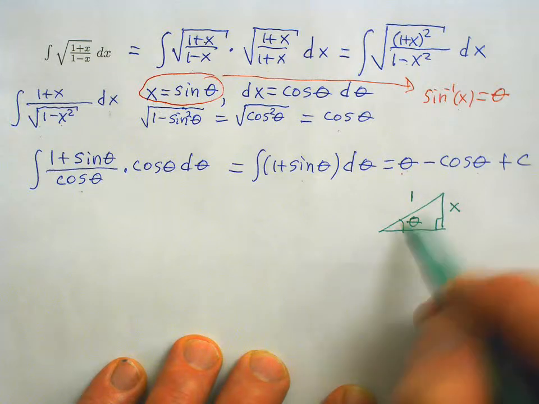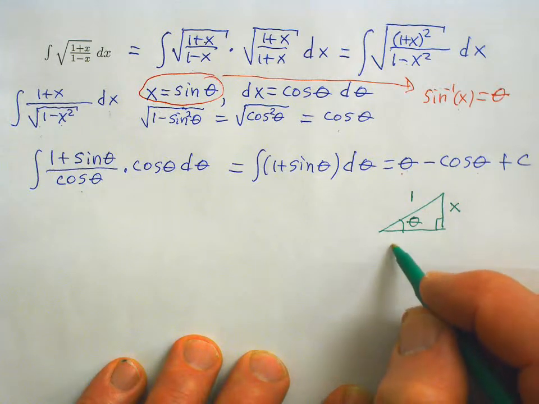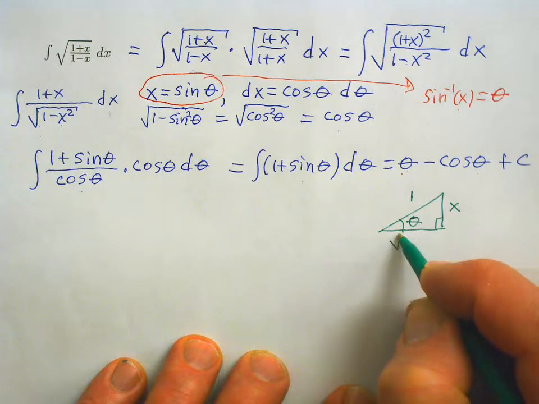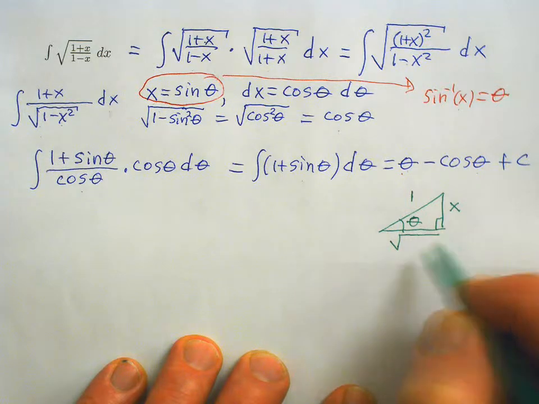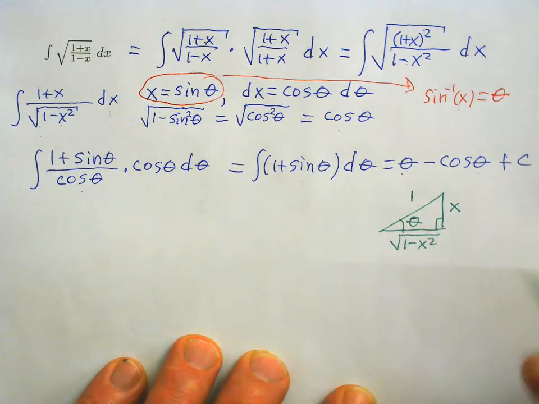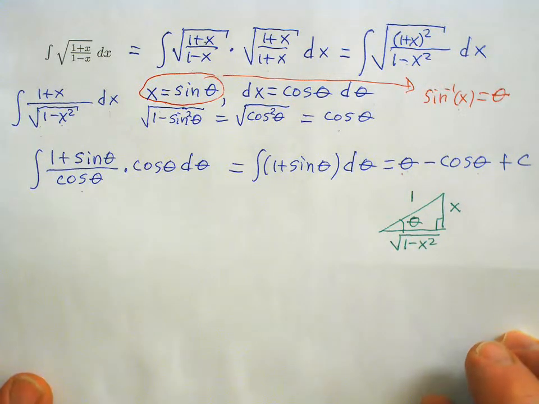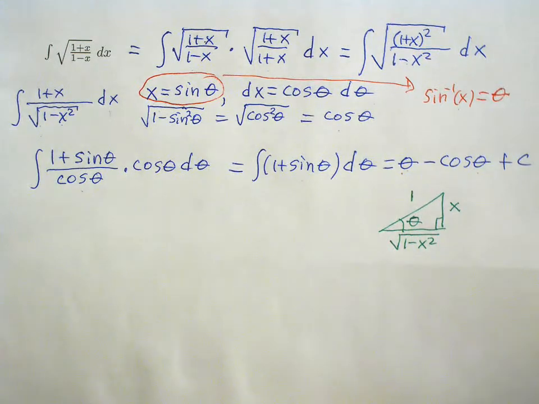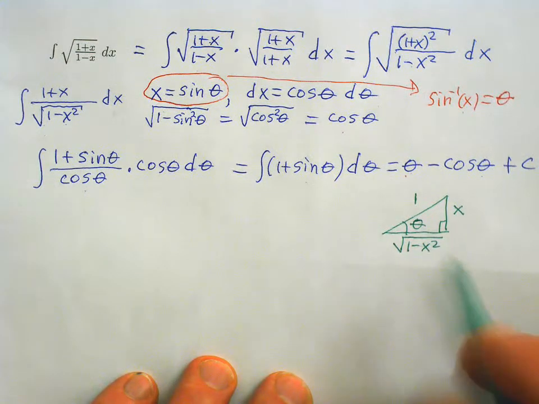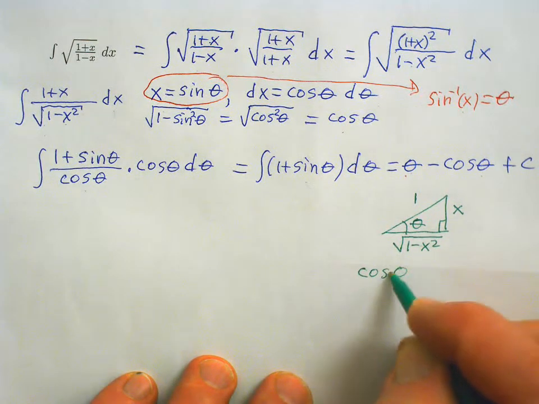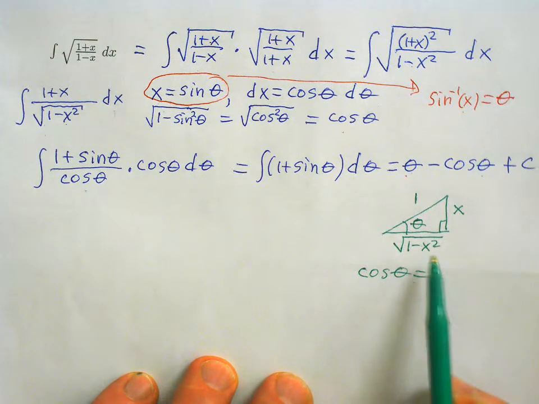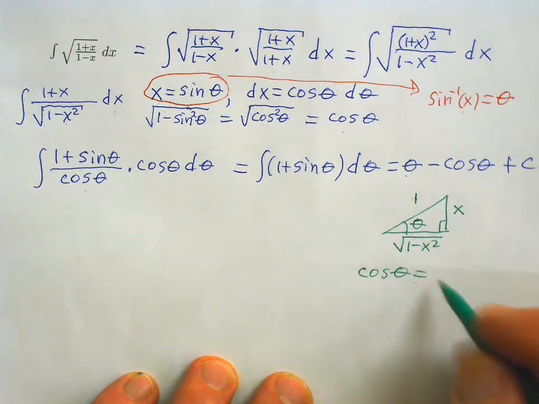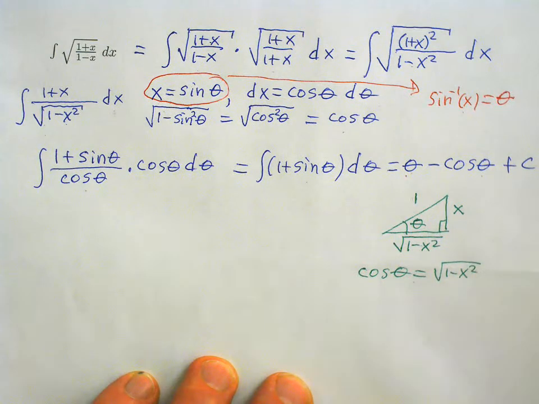And then if we use the Pythagorean theorem, the adjacent side to theta is the square root of 1 minus x squared. And the cosine of theta, which is what we want, cosine of theta is adjacent over hypotenuse, which will just be the square root of 1 minus x squared.